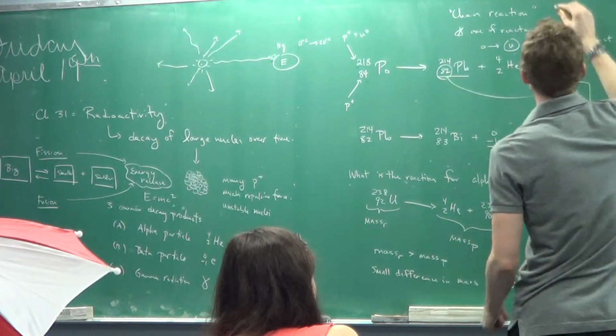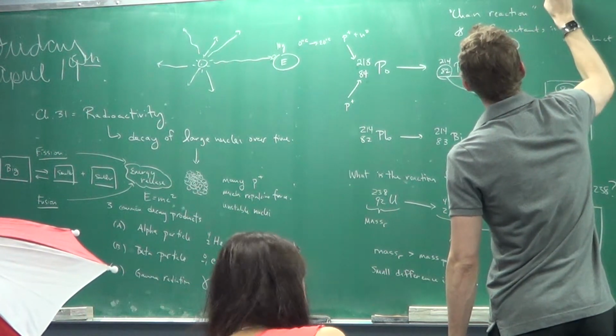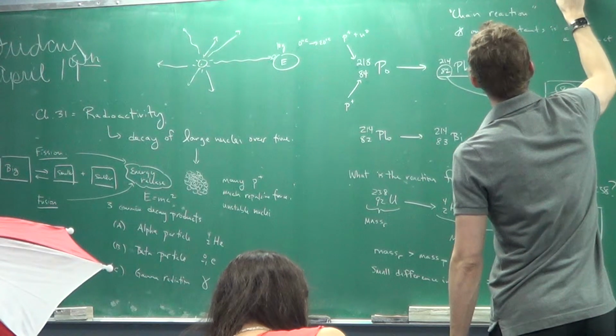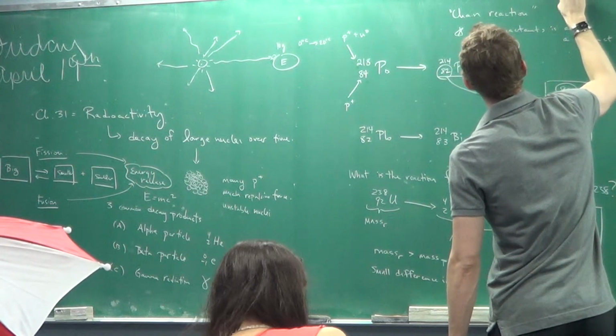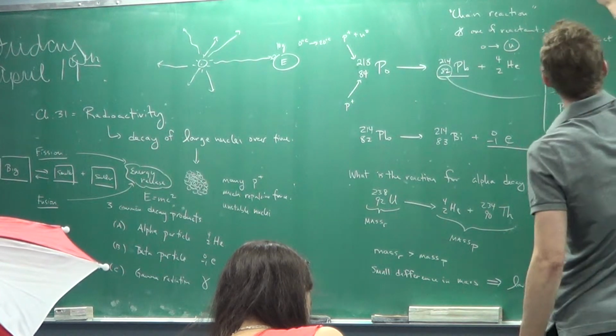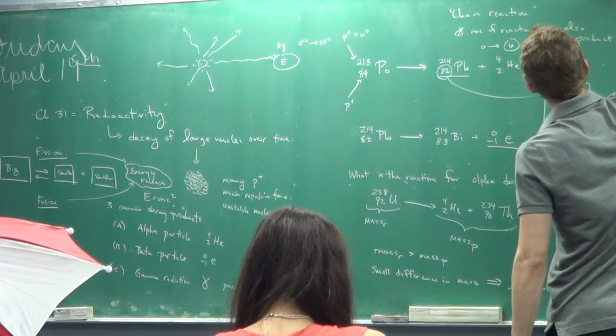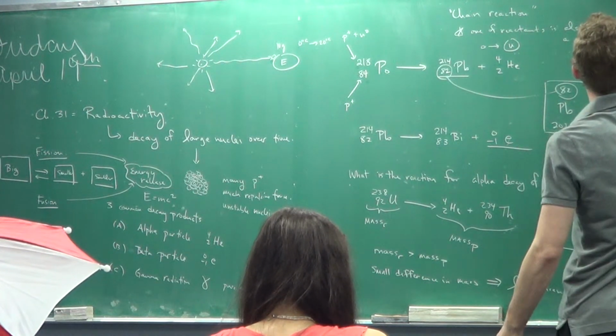So whenever you start the reaction, you start the reaction with a neutron and uranium. And the uranium will break into a couple things, but one of the things that you produce as a result is more neutrons.